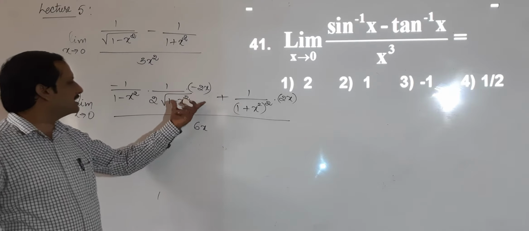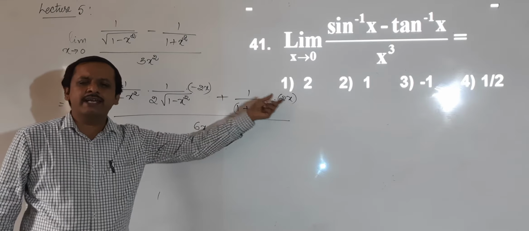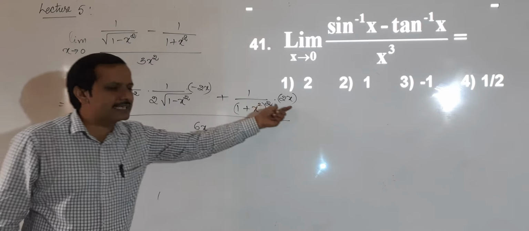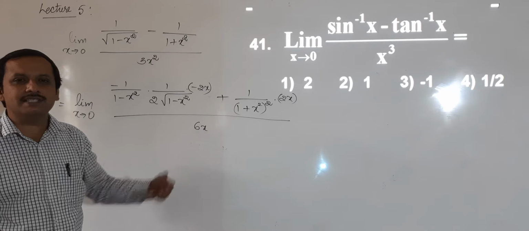Okay? See now, in this term there is 2x, here also 2x is there, and take 2x as a common factor. I am taking that 2x as a common factor and I will cancel it with this 6x here.